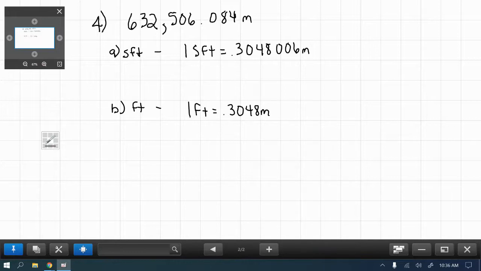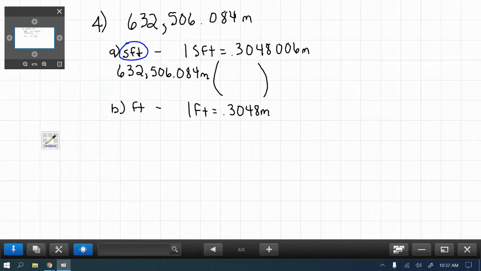So I'm given meters and I want survey feet. So I'm going to write down here. What am I looking for? Survey feet.